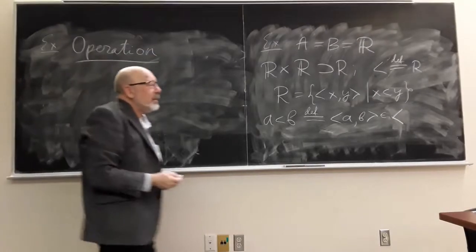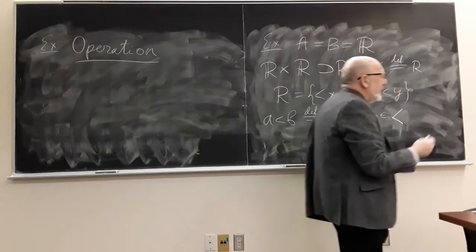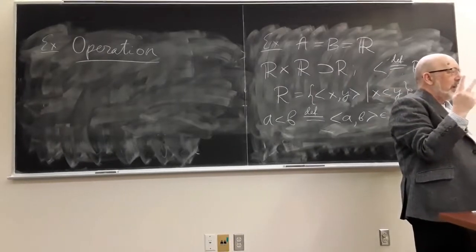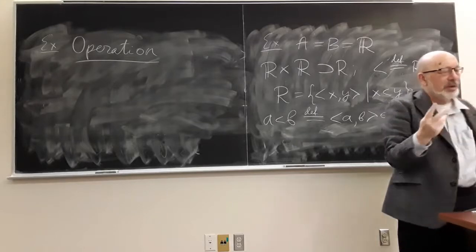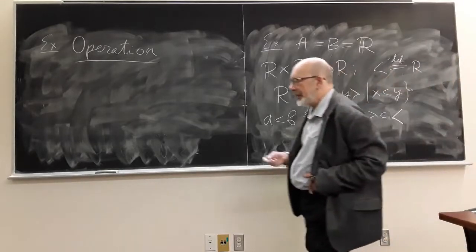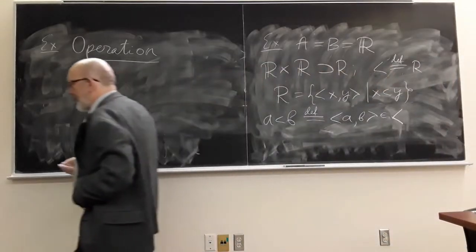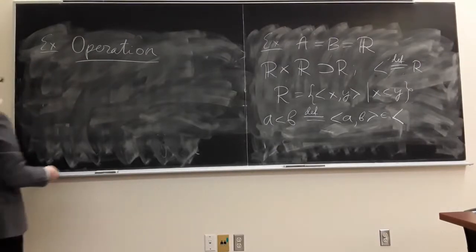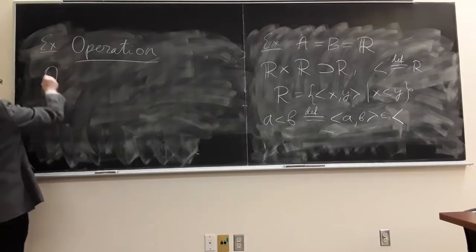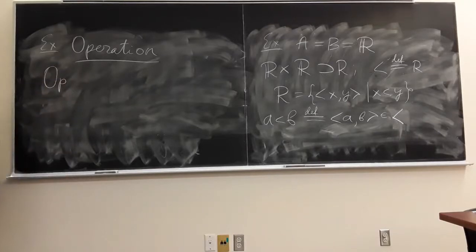To this end, let us consider, say, binary operation. So, operation which takes two elements and produces the third element. Yeah. So we have operation op. It is some operation.